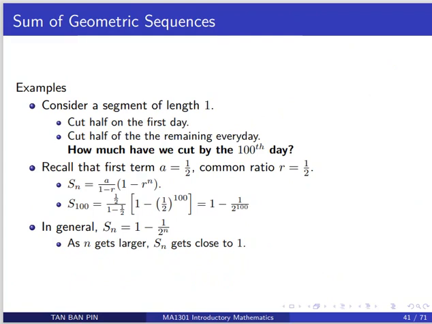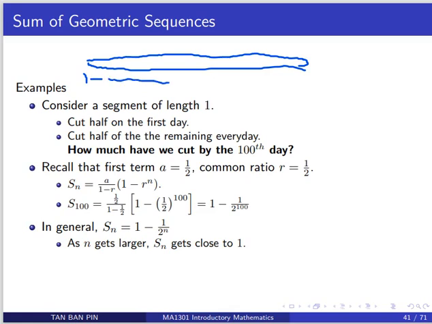Previously we considered a segment with length 1. So from here to here is length 1. Then you cut half on the first day.